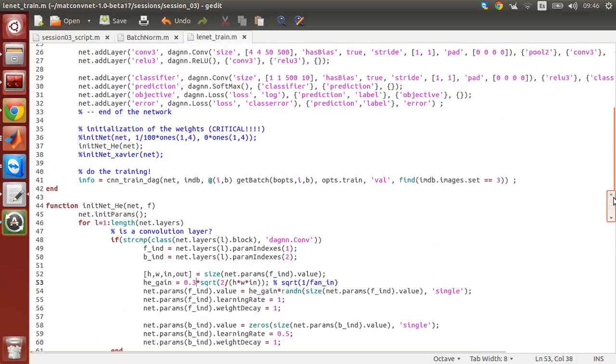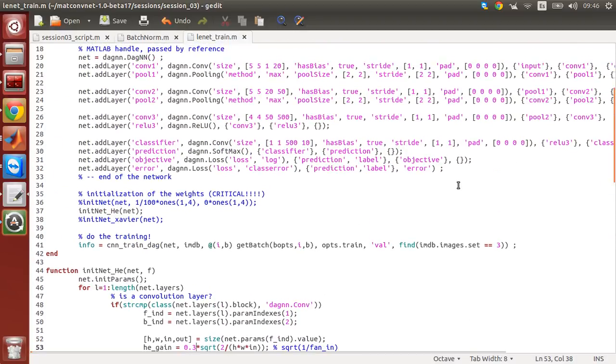That's called Glorot formula or Xavier's formula, because it was proposed by Xavier Glorot and Bengio. It's pretty much the same concept as He's formula. So again, trying to have unitary covariance in your data.